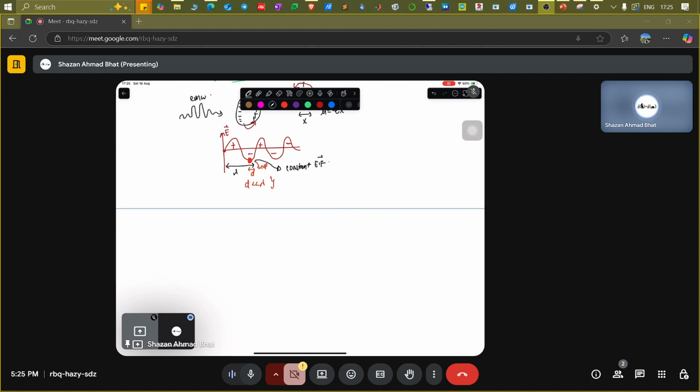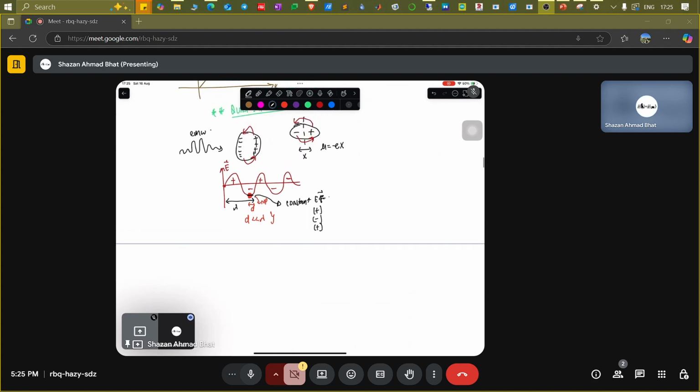It's not going to feel the variation, because around the particle the electric field is constant. It's going to switch, positive and negative, but it's going to feel a constant or uniform electric field from the electromagnetic wave.